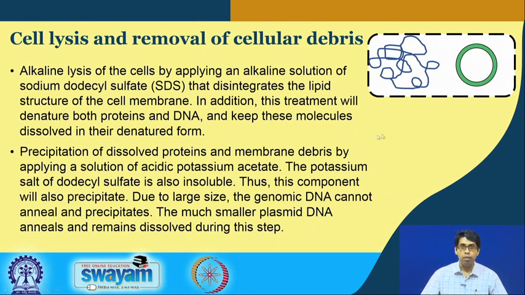Now, the major difference comes between the genomic DNA and the plasmid DNA, because chemically these two are very similar. So, this is where a proper experimental technique comes in. When we add this precipitation solution, you will see the solution turns white, because the denatured protein and denatured genomic DNA start precipitating out, and you will have to mix these solutions, because initially we had the resuspension solution, then the alkaline lysis solution, and now the precipitation solution.